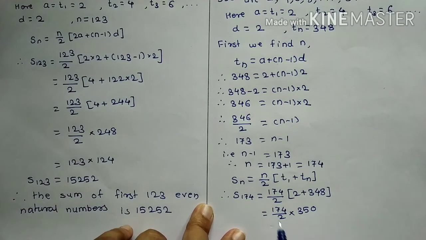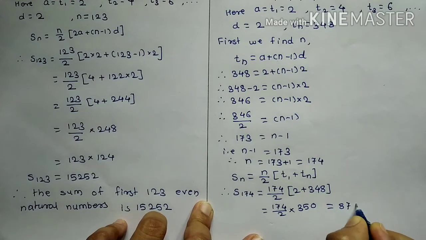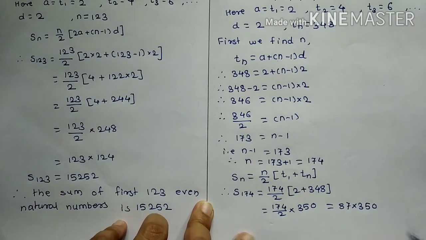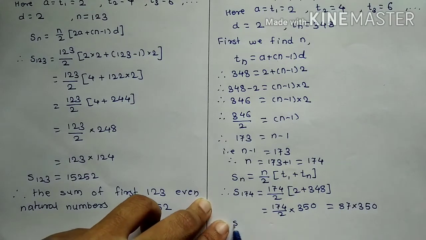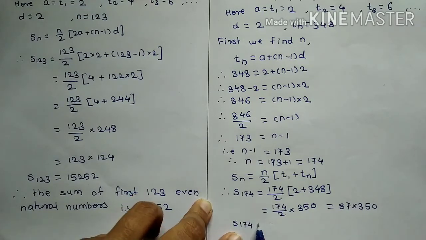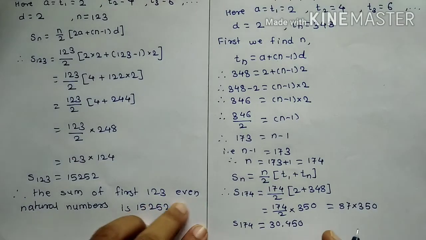That is 174 divided by 2, we get 87 into 350. After multiplication we get 174 equal to 30,450.